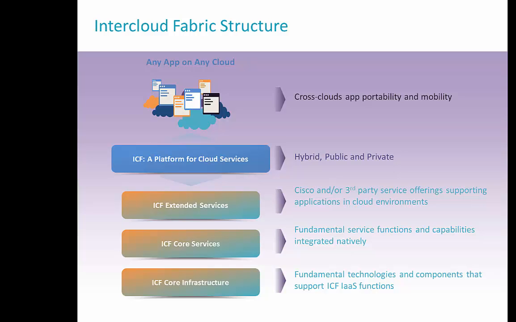And the bottom line, which is the top, is any app on any cloud, cross-cloud application portability and mobility. It makes it so simple that you wouldn't see a difference between Azure, Amazon, or your enterprise cloud environment or your hypervisor environment.